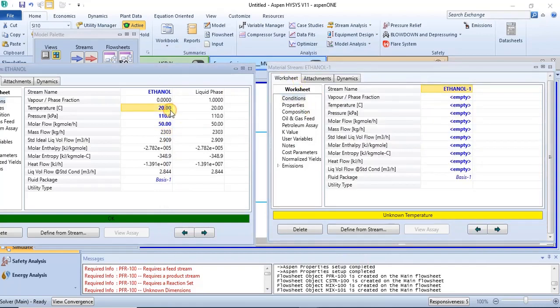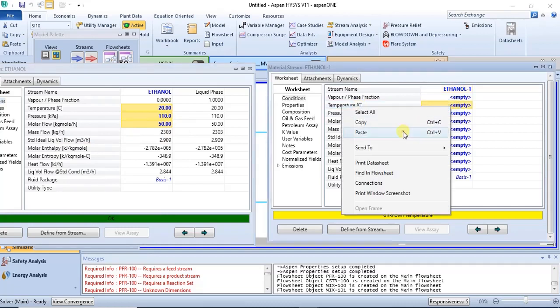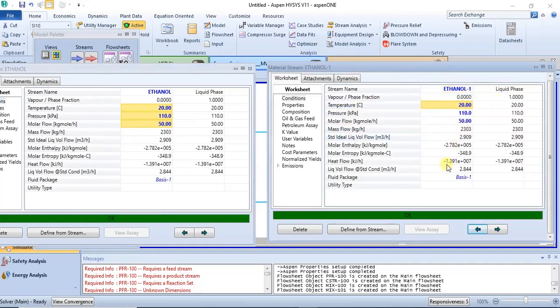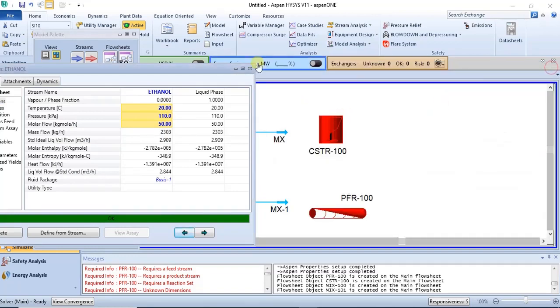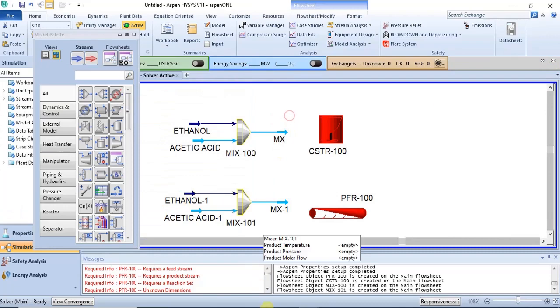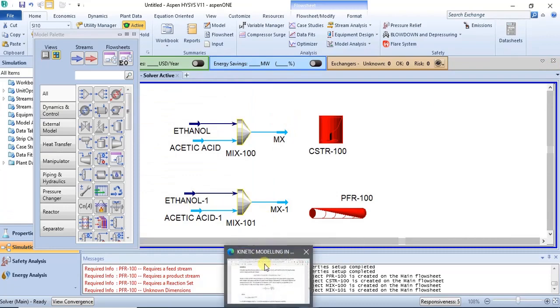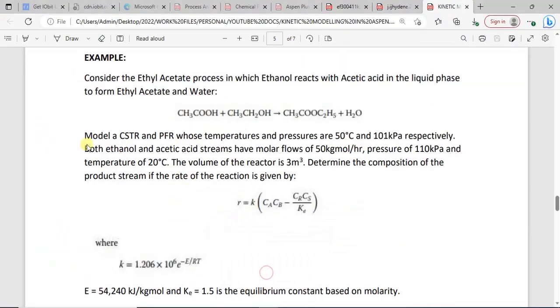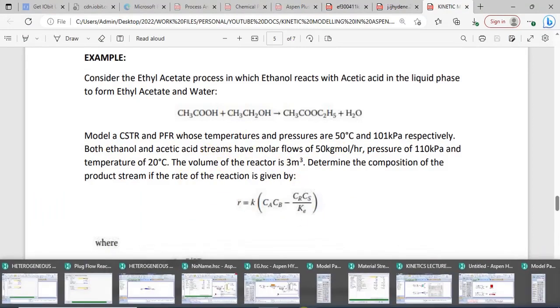Then the conditions, I can copy, shift, copy this, and then paste it here. So it's fully specified as well. So the ethanol stream is specified. I think they both share the same composition and conditions.